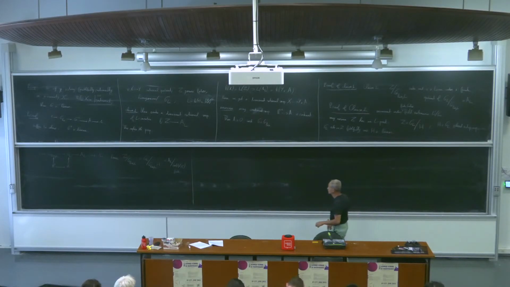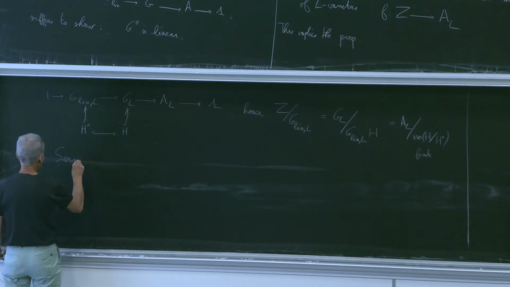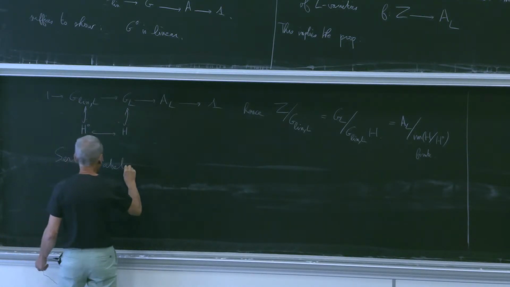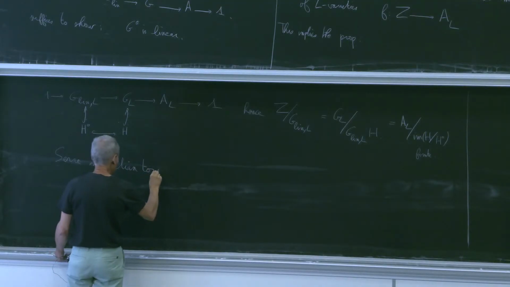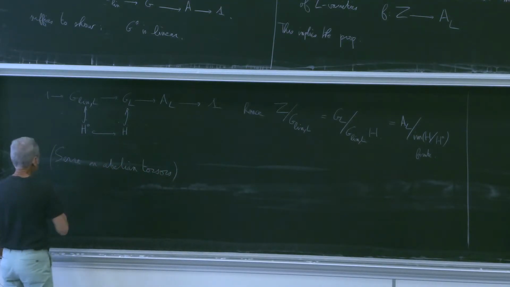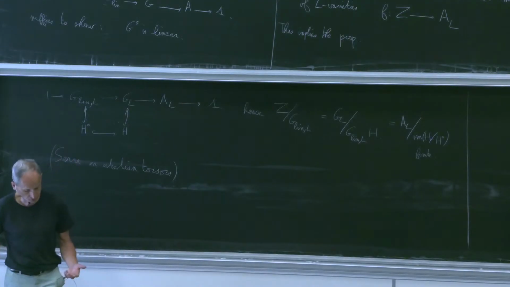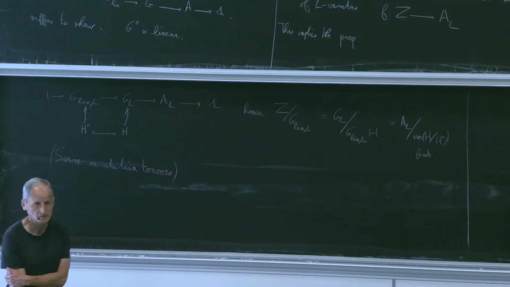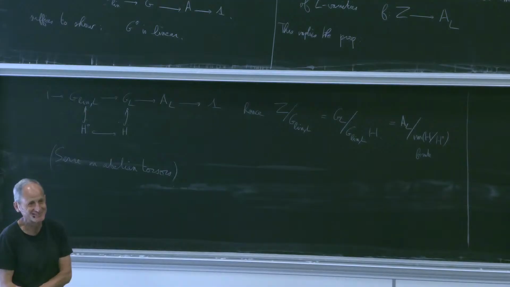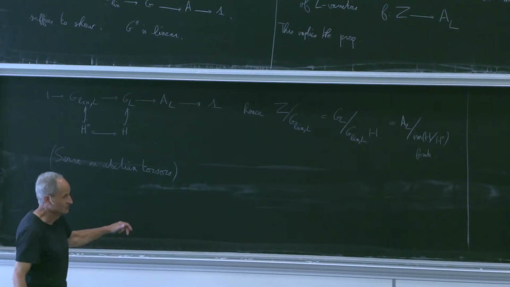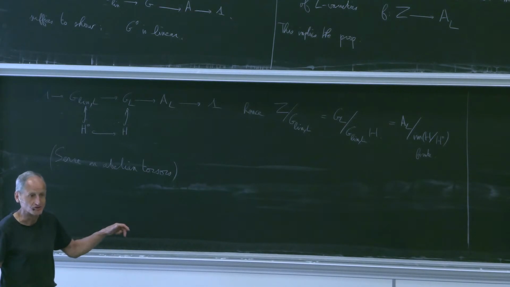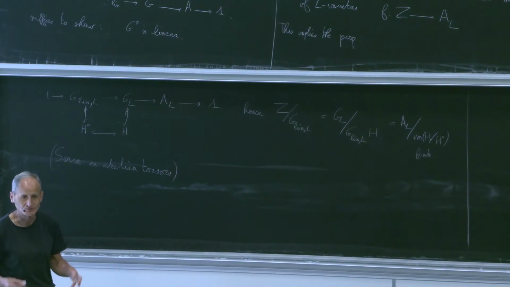And now I have to use a result of Serre on abelian torsors. So you see these abelian torsors occurred in an earlier talk by Evgeny, when you saw that they are parameterized by some Galois cohomology group. Okay, just abstract nonsense. But this result of Serre says that this group is torsion. So this is a commutative group.